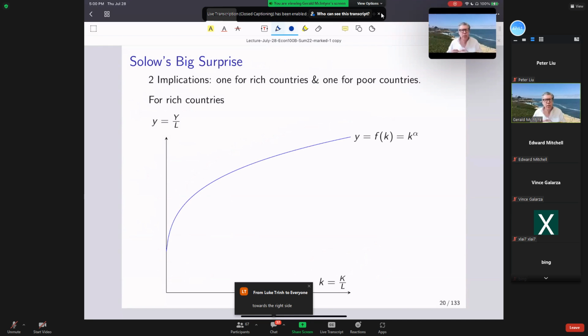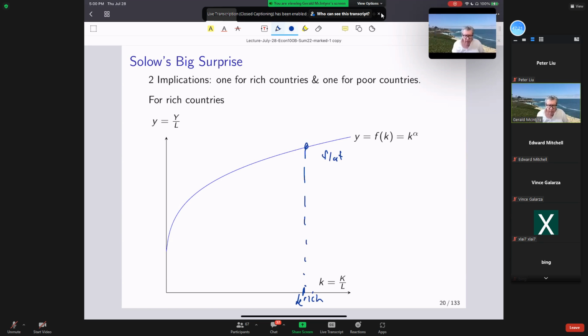Rich countries have to be out here, at K rich. Look at where that means they are. They're in the flat part of the function, right? That's where diminishing marginal product of small k is really biting, really cutting in.